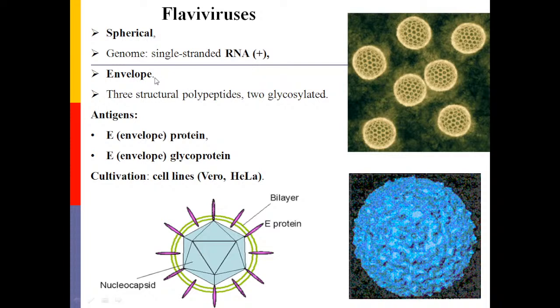This virus is enveloped. There are 3 structural polypeptides, and 2 of them are glycosylated. What are the antigens? They are the E envelope protein and the E envelope glycoprotein.